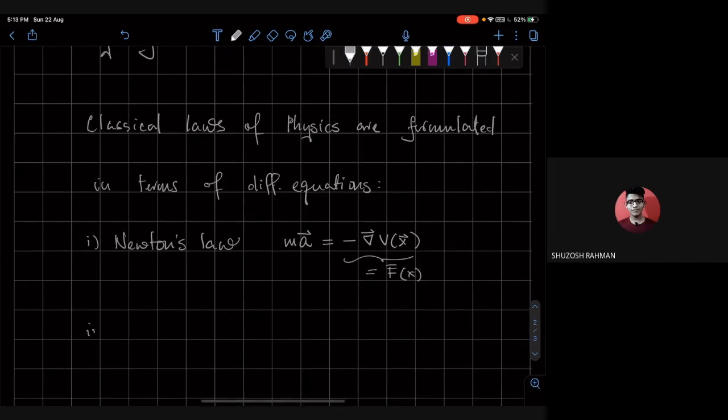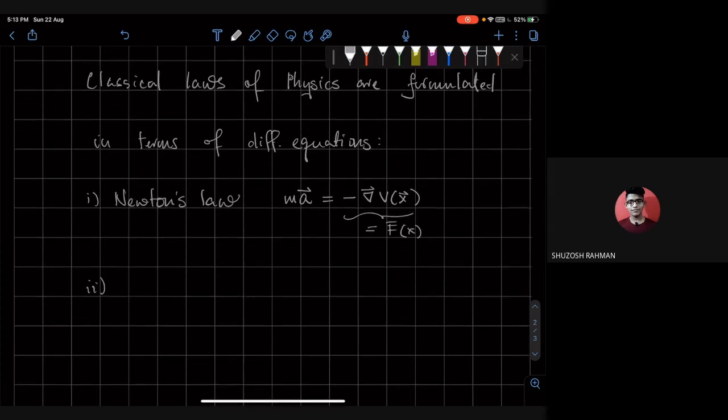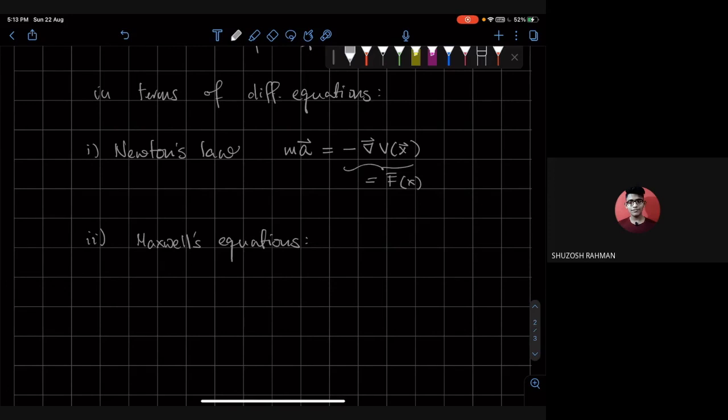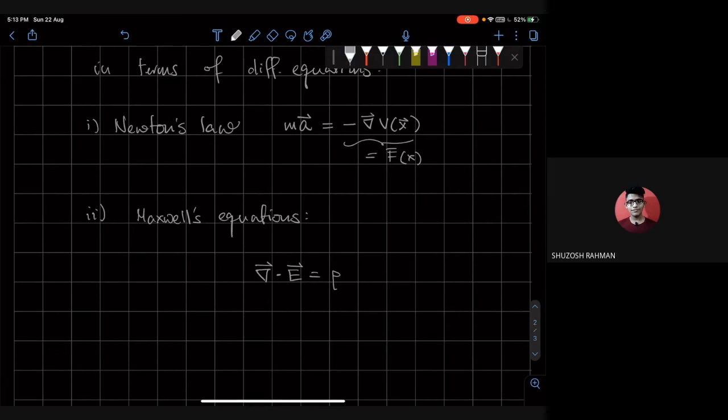So another of my favorite classical laws would be Maxwell's equations. In the presence of sources, the divergence of the electric field is given by the charge density. So these are all local equations.